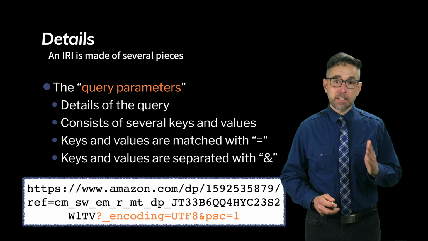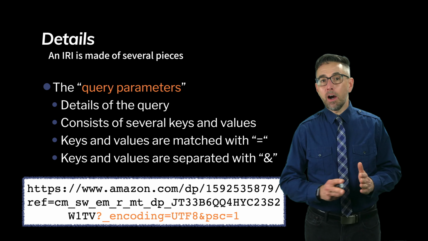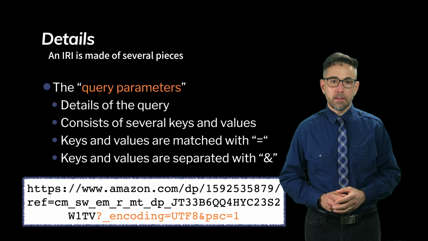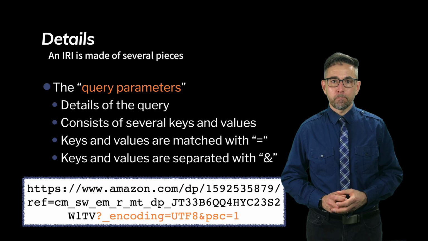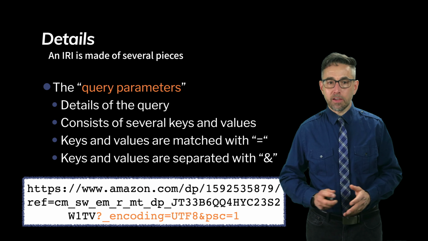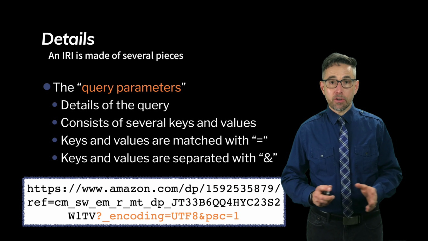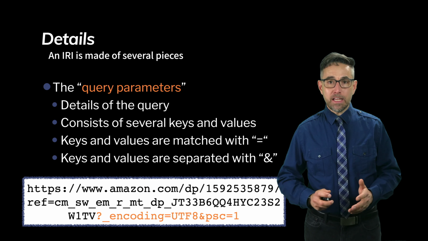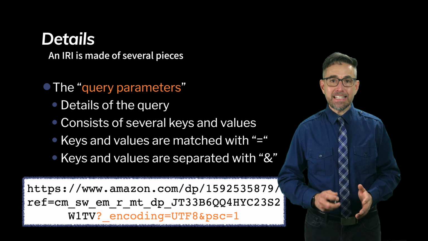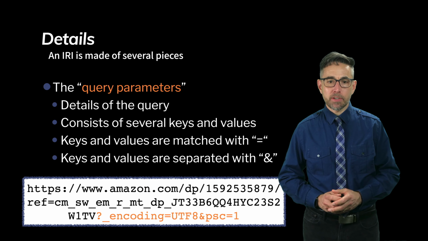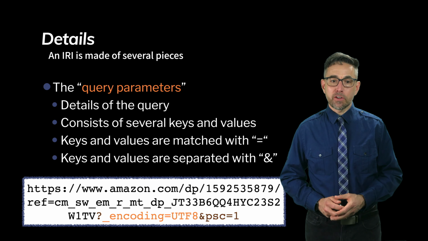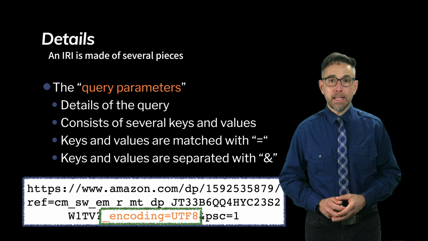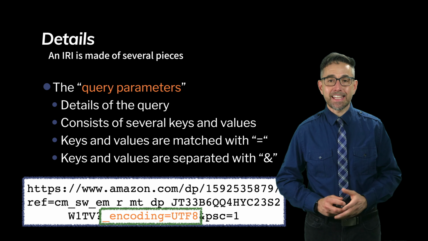The query consists of everything from the question mark almost all the way to the end, and there are different components that you can see within the query. We call them keys and values. Keys and values are matched together with an equal sign, and keys and values are separated with an ampersand. So this particular query has two keys. The first key is _encoding, that's the key.